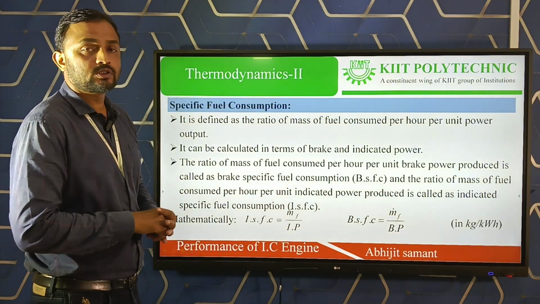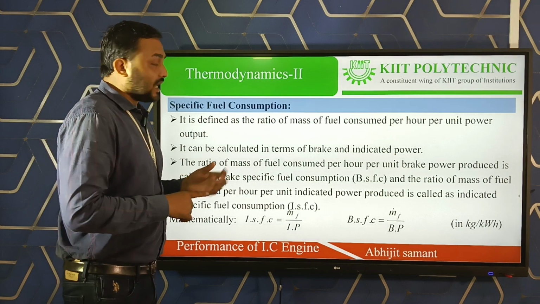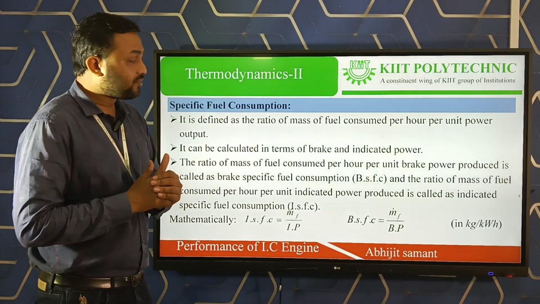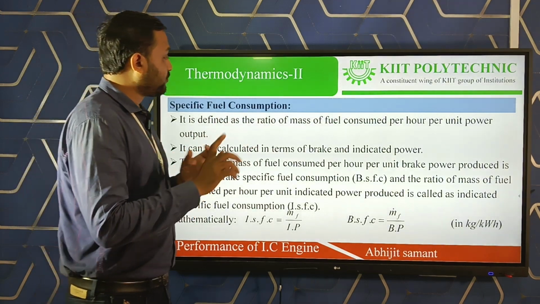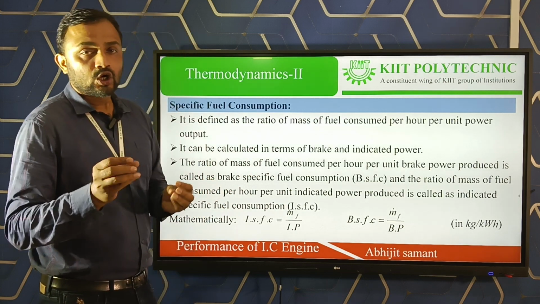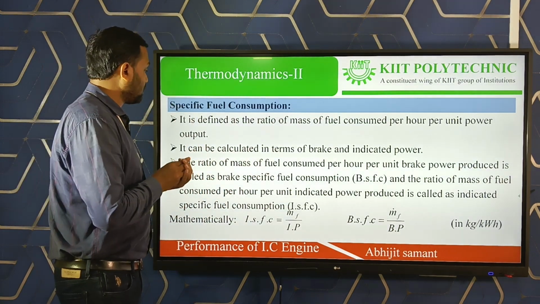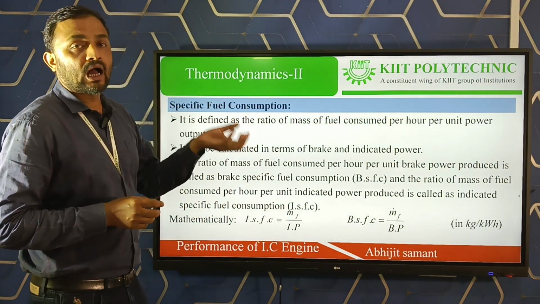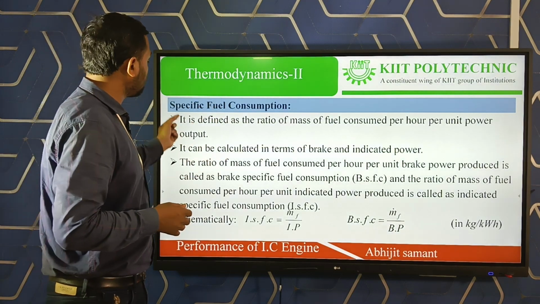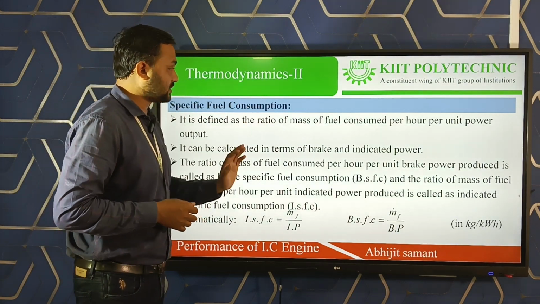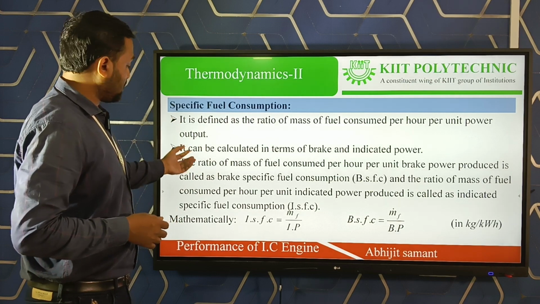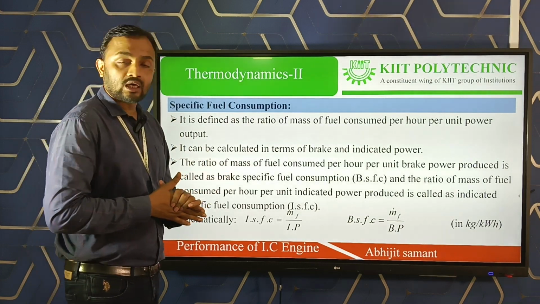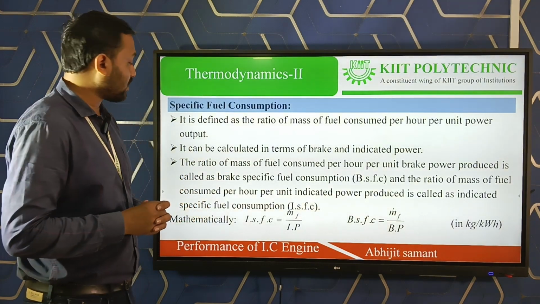Next one is your specific fuel consumption. It is defined as the ratio of mass of the fuel consumed per hour to develop unit power. So to develop unit power, how much fuel you will consume is known as your specific fuel consumption. It can be calculated in terms of brake power and indicated power also.